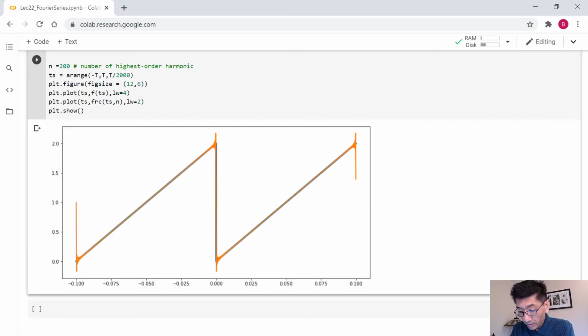Now you see the orange reconstructed waveform is very close to the original sawtooth waveform, right? We know our Fourier coefficient calculation is correct. Okay, so that's the example for the complex Fourier coefficients. And I hope you enjoyed the lecture. And remember, no matter what you do, just keep going, never stop. Okay, I'll see you next lecture.